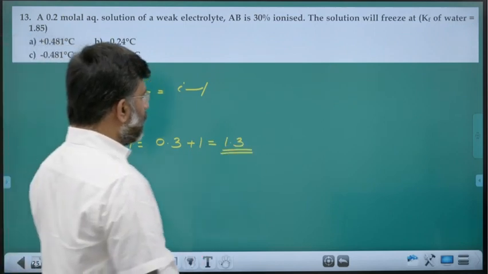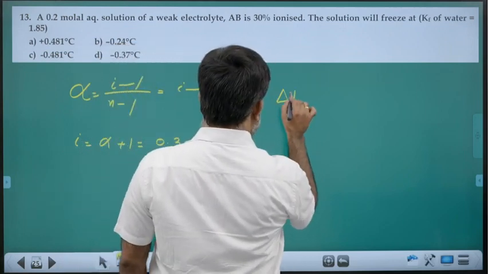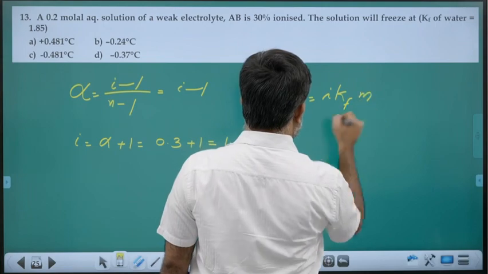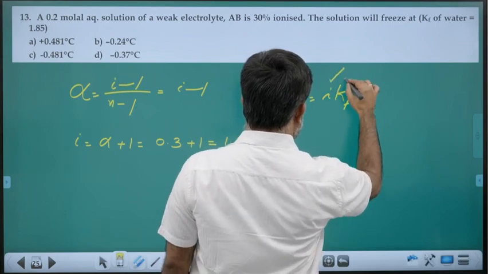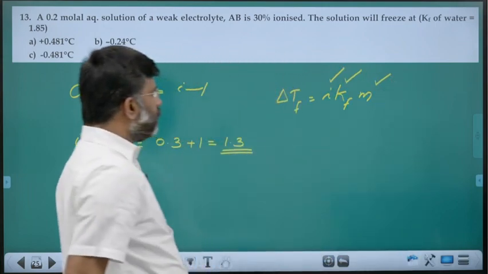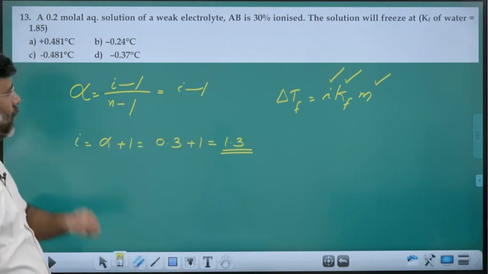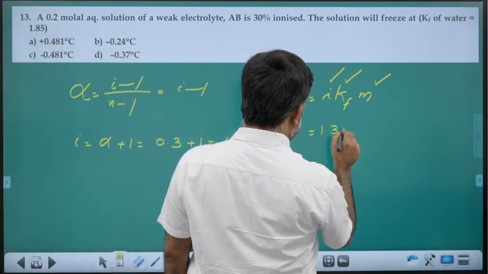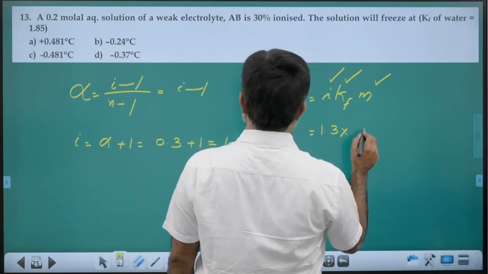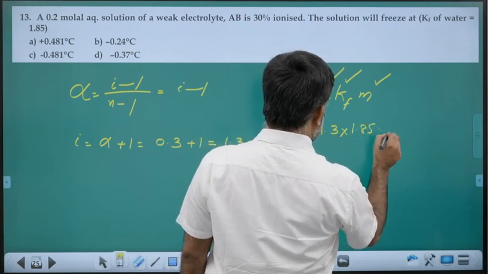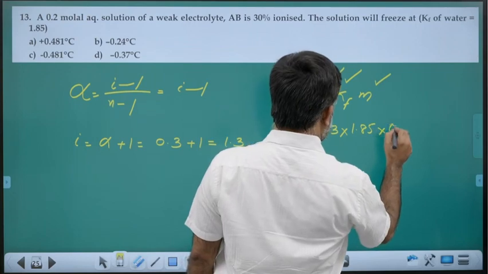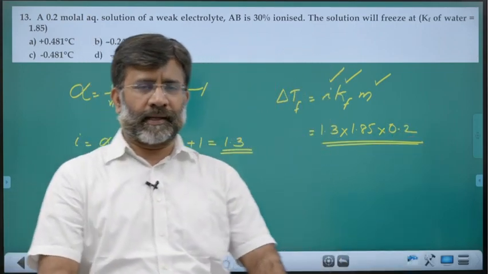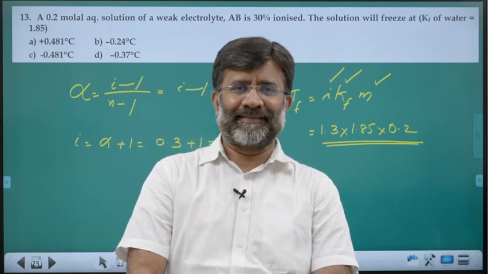Once you get i, you can get delta Tf. Delta Tf is equal to i into Kf into m. Now you have i, you have Kf, and m is given in the question, 0.2. So it is 1.3 into 1.85 into 0.2. And you get delta Tf. Once you get delta Tf, you get your answer.